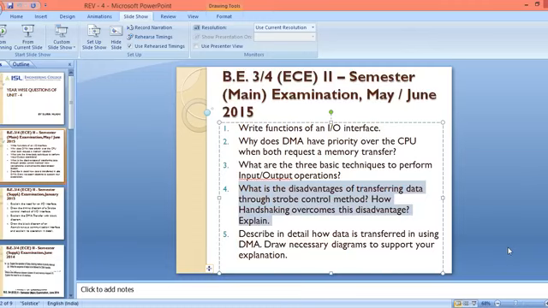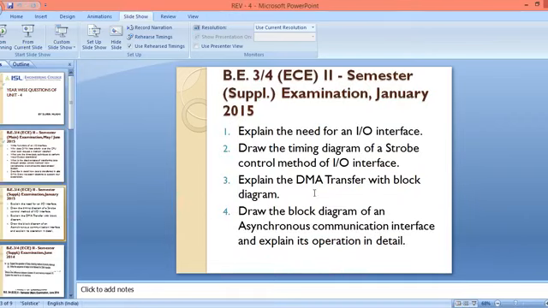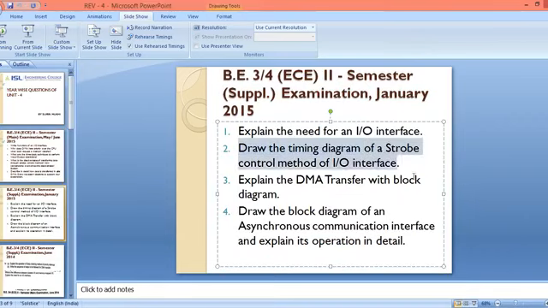Whereas in handshake signal control, first you do a handshake: data you have sent, I have accepted my data, or please send the data, I'll receive the data. Those two things you need to write here. In this case, draw the timing diagram of a strobe controller method of IO interface.